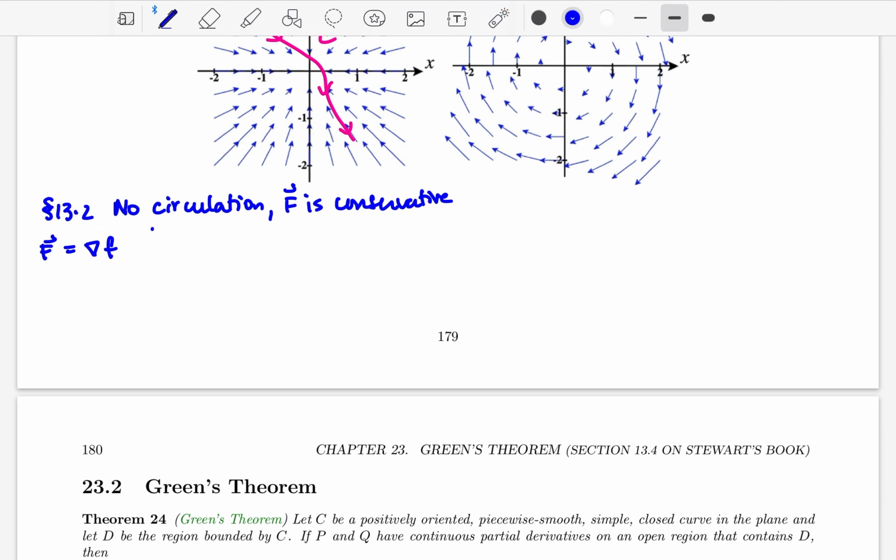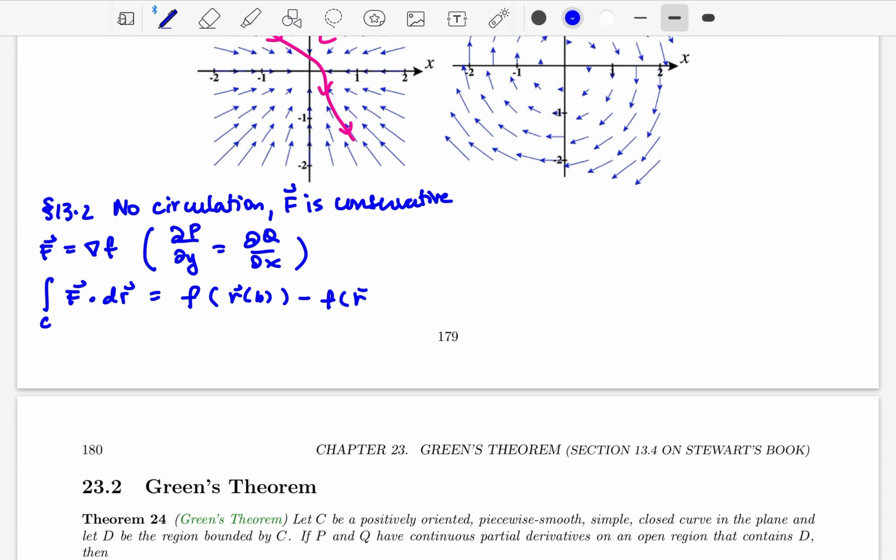And then a way of testing this is by showing that if you take the partial of P with respect to y, you get the same as the partial of Q with respect to x, okay? So if my vector field satisfies this, then the line integral of F dot dr is equal to the potential function evaluated at the ending point, minus the potential function evaluated at the starting point.